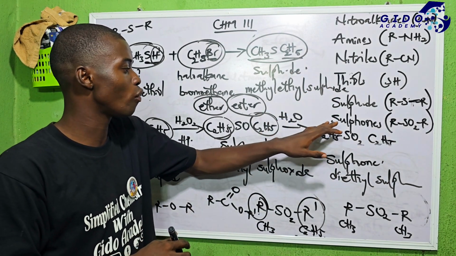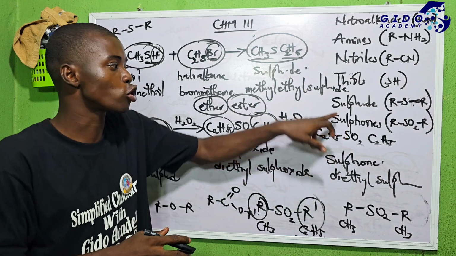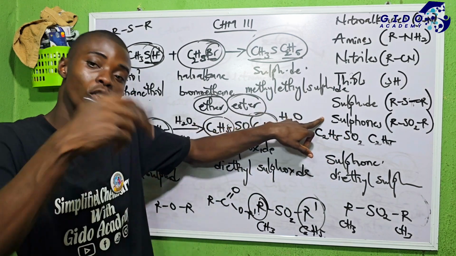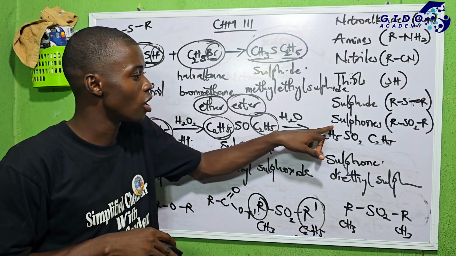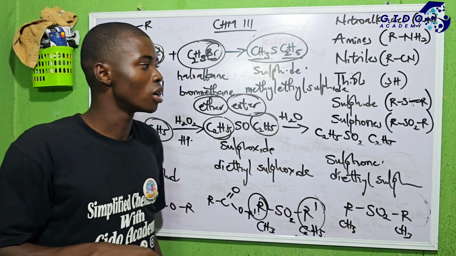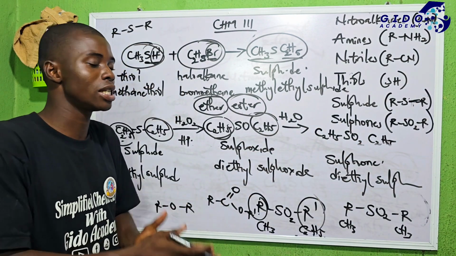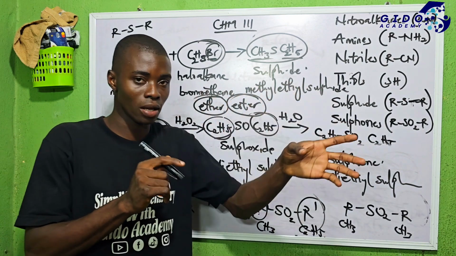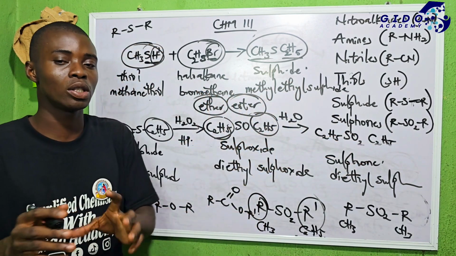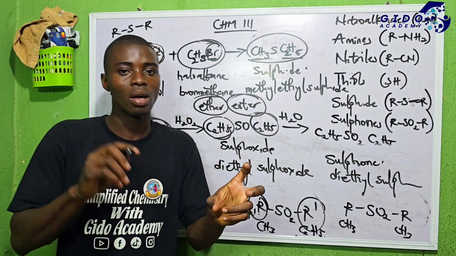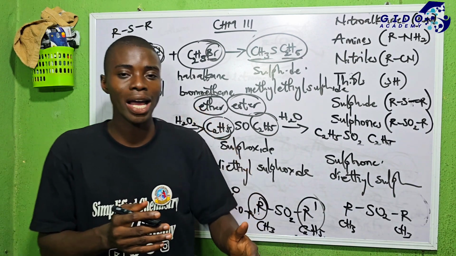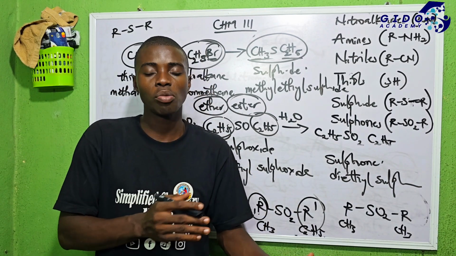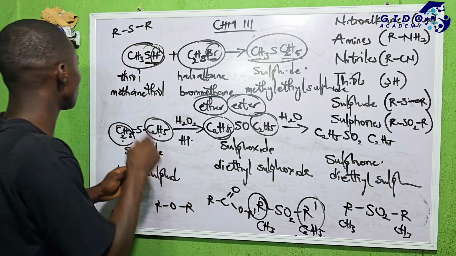Like what I said, sulphone is formed from the oxidation of sulphide. It gives us sulfoxide, then sulfoxide will further oxidize in the presence of hydrogen peroxide to give us sulphones. So the R can be the same. If they are the same, you use the word di. If they are different, you name the smaller one before the bigger one. You can't call it propyl methyl, it should be methyl before propyl.